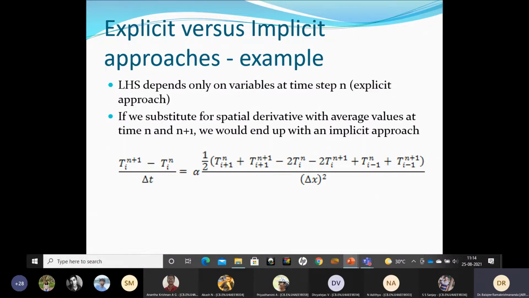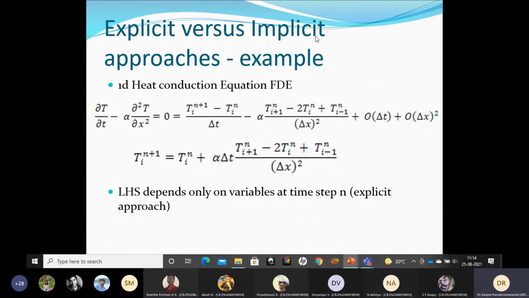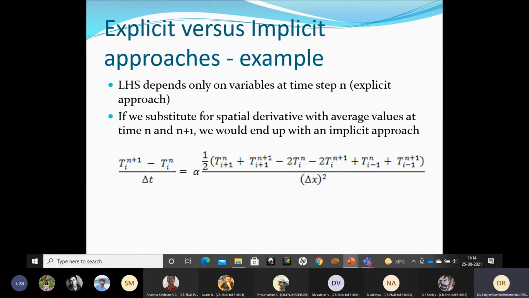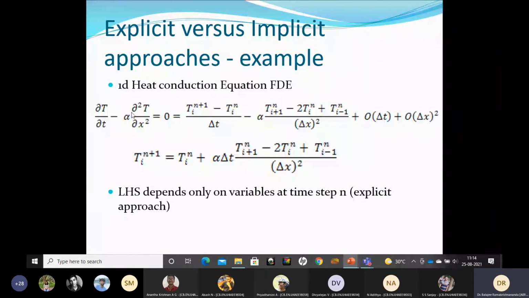But for the implicit approach, we suppose for the spatial derivative, which means the second order derivative, we take all terms to be the average of n and n plus 1. For example, the del square T by del x squared is evaluated at the time n and again at the time n plus 1, and then the average is taken.